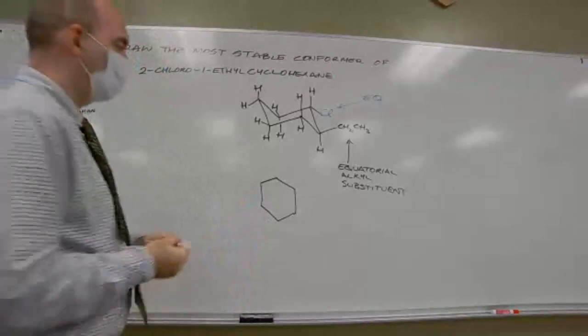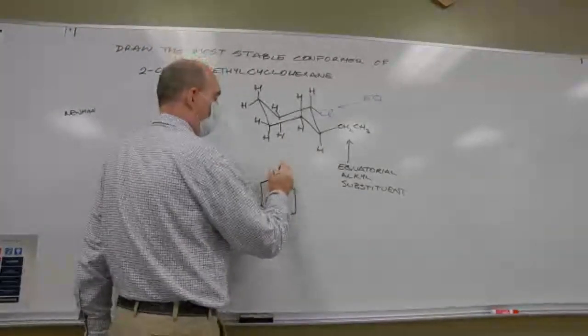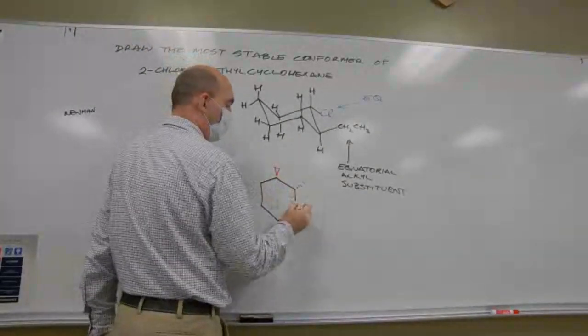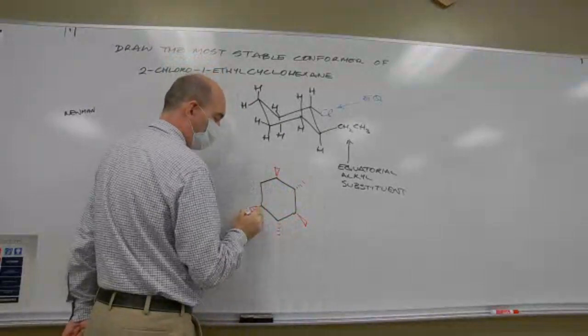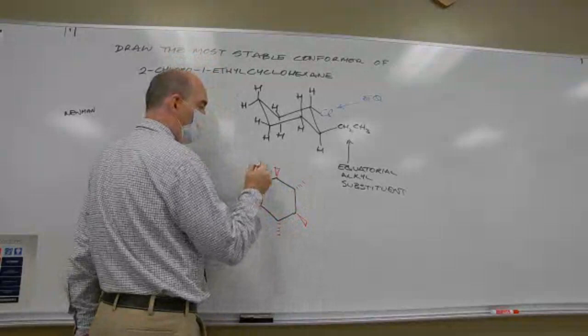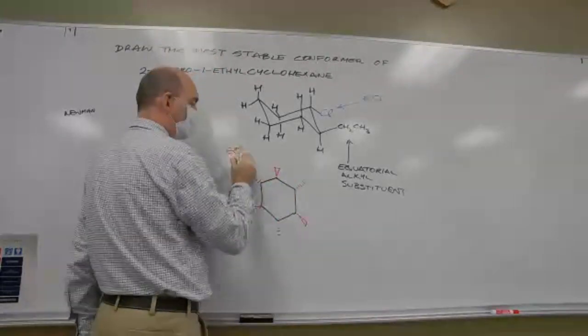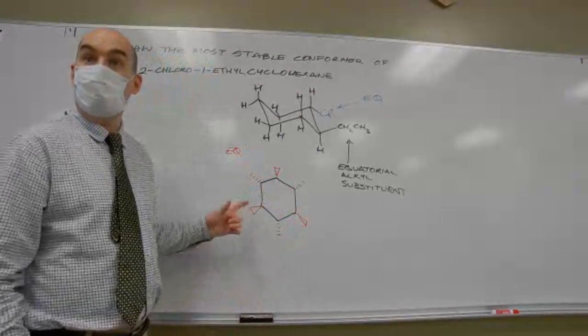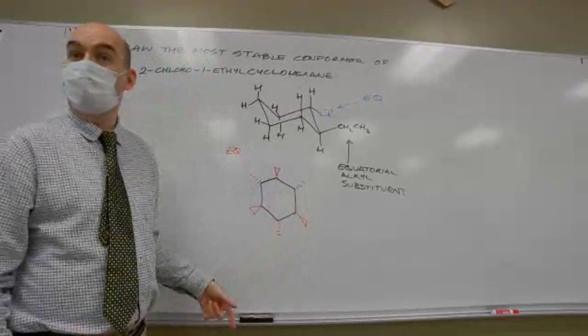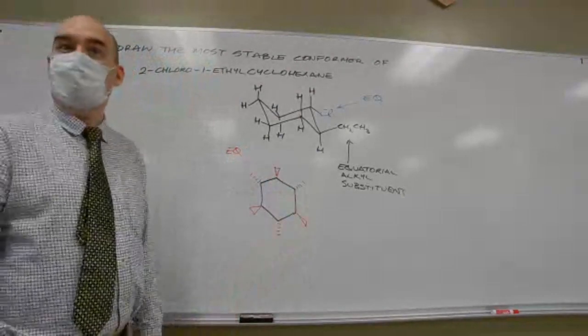When you go around, and we mentioned this last week, when you go around the ring, the equatorial positions alternate up, down, up, down, up, down as you go around the ring, as do the axial ones.